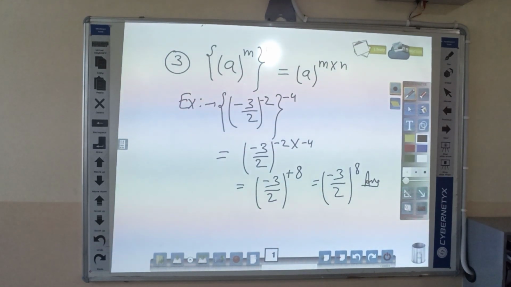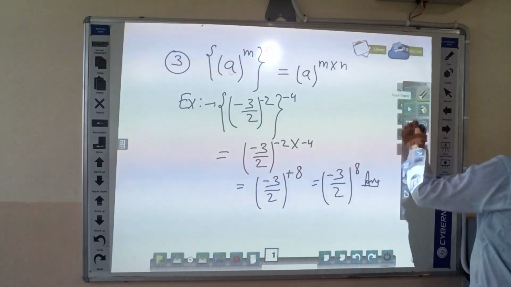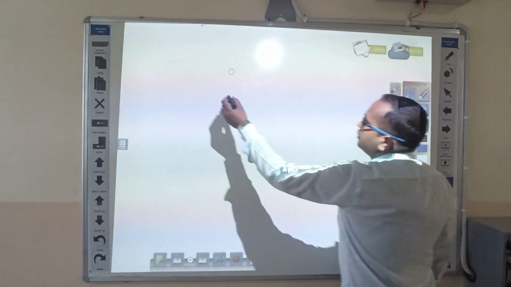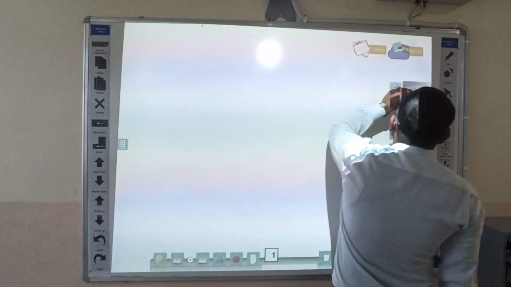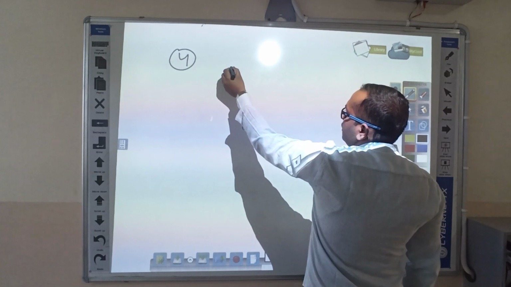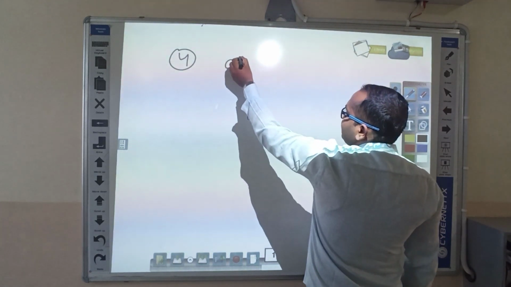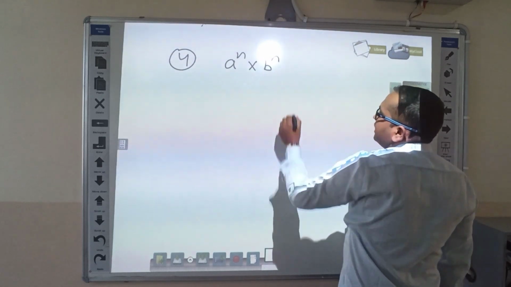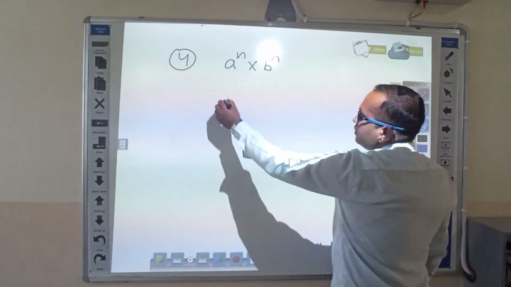Now, the fourth law is, please write it in your copy. The fourth law is: when the bases are different but the exponents are same.